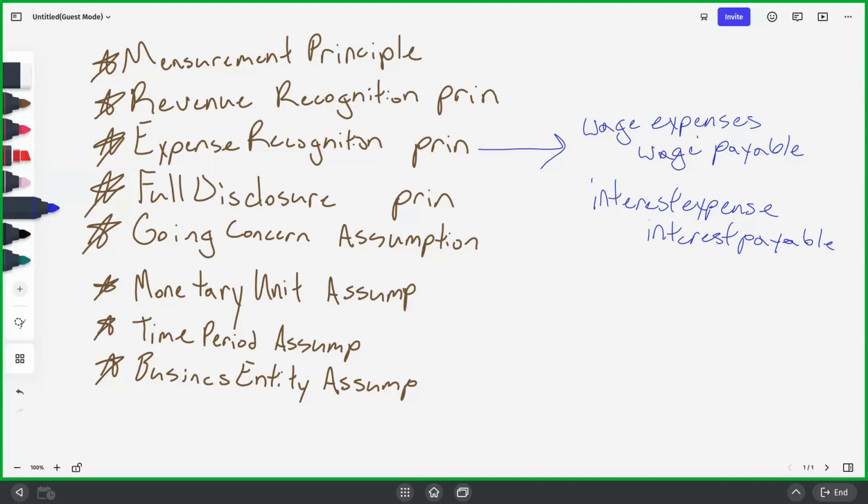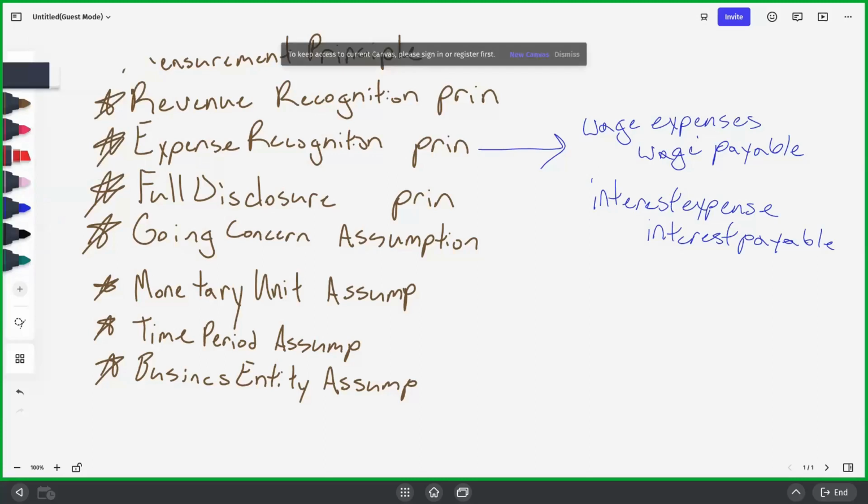So I've already run through assets, liabilities, and equity. Let's run through financial statements. We're going to go through just the bare bones of them at first. We'll do some bigger questions after we get through all the content in chapter 1.